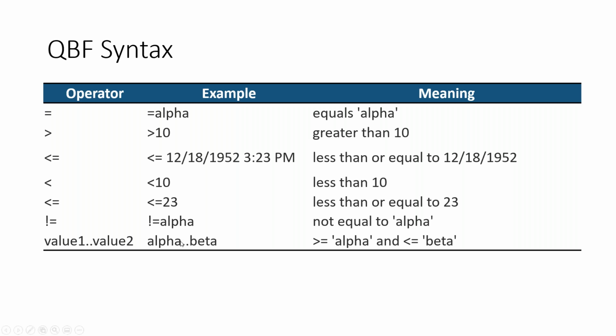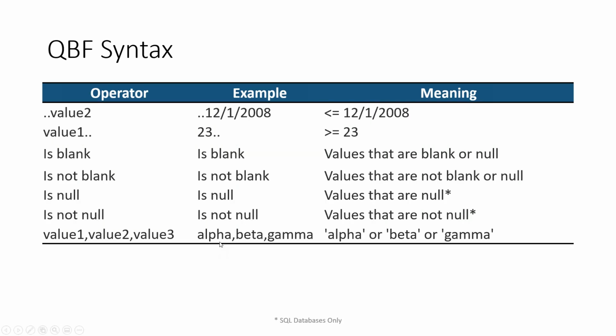Or you could search for two dates, between the 1st of January and the 1st of December, with two dots in between. Continuing on with that, those same two dots can be used to mean everything before this date or everything after this value.